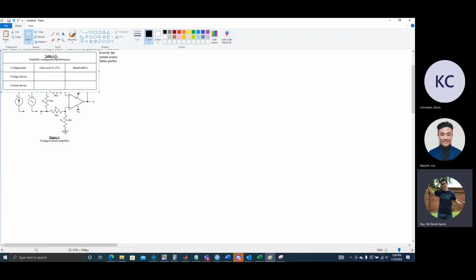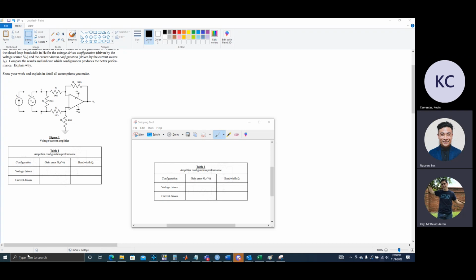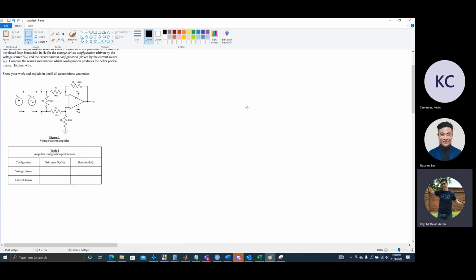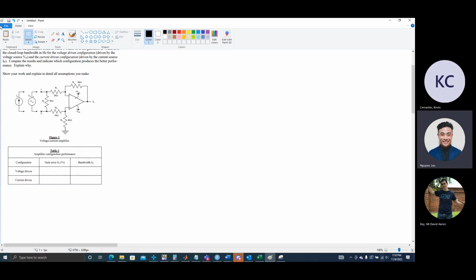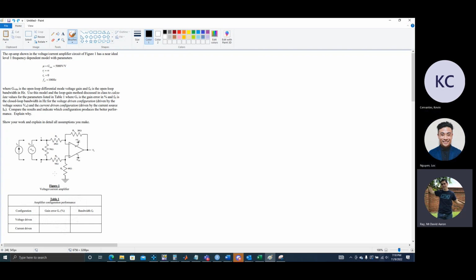I love this feature so much. It saves you so much time. Oh, are you on an iPad or something? No, I mean if you're on Windows 10 and you search snip, it'll pull up this. Yeah, I use that. That's a nice feature. On the MacBook, I think you just do Alt Shift 4, and then you create that space and copy it. It's the same thing, it just has its own command. That's awesome. There's probably a command on here, but I'll look it up later and see how that goes.